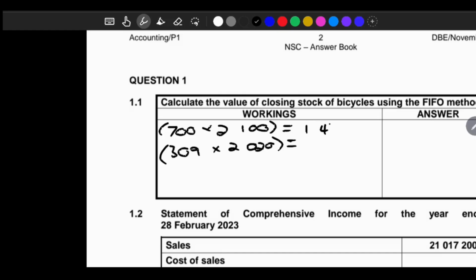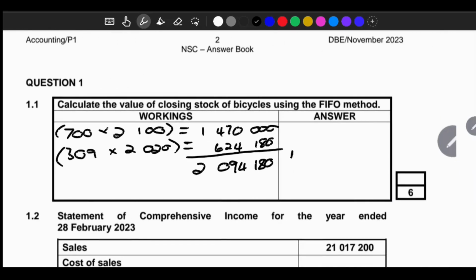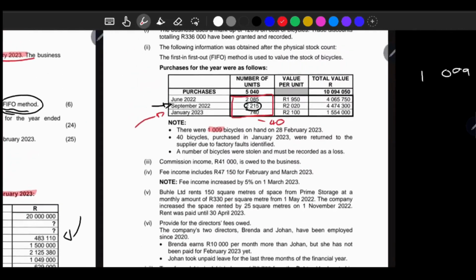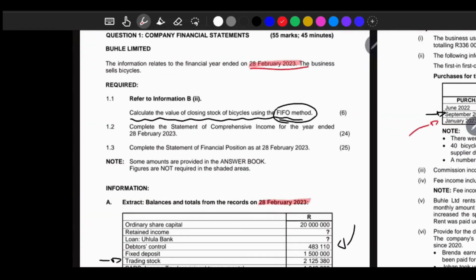So it's 1,470 rand there, and for the ones that we bought before that is 624,180, and you would add these up together to get your final answer of 2,094,180, and that's our answer of 2,094,180. 6 marks there, right? We've answered that. That is done. So now we can actually do the statement of comprehensive income.